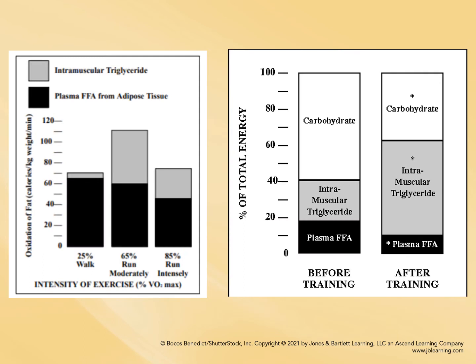Here we see on the left an expanded view of the sources of fat during different intensities. And this again is in fasted individuals after 30 minutes. So where do we use most of our fat? In terms of the contribution of fat at just a walk, it is primarily plasma-free fatty acids.